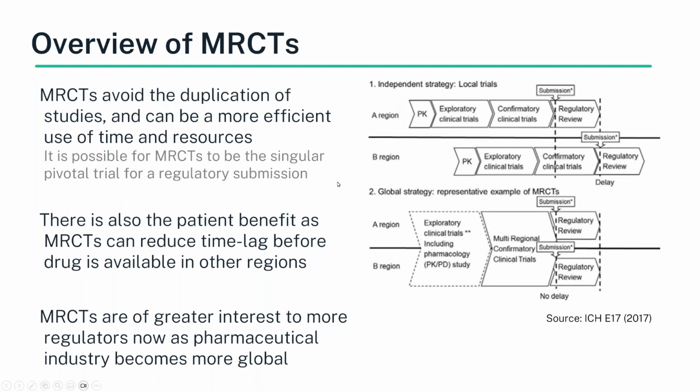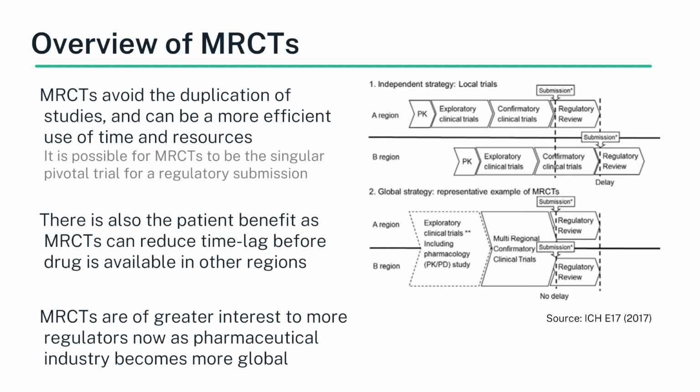So, in the past, when drug development was more concentrated in fewer places, like the US and Europe, for example, bridging studies and the acceptance of submissions based on foreign data were more of a concern for some regulators than others.